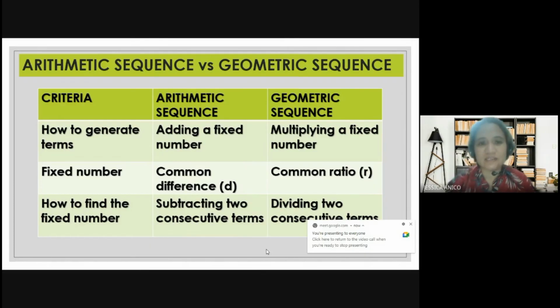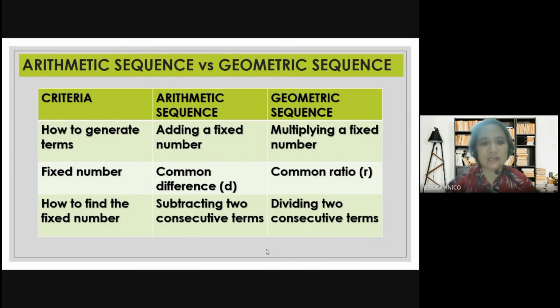With the criteria, let us differentiate arithmetic sequence and geometric sequence. On how to generate the terms, in arithmetic sequence, we add a fixed number to any term. Then, in geometric sequence, we multiply a fixed number.